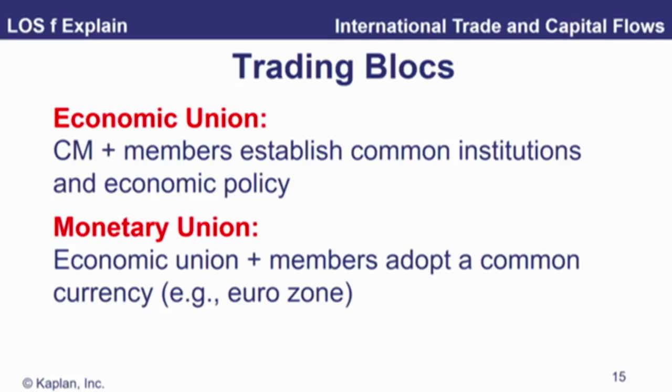We form an economic union. We also have common institutions and economic policy. We've all seen how well that went. Monetary union, you also have a common currency, and obviously the Eurozone attempted that with varying levels of success. So big list of definitions in there, not too thrilling. But sometime before the exam, get them into your head.